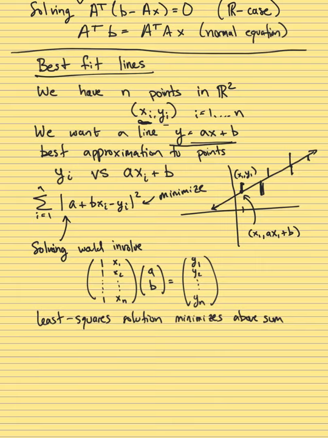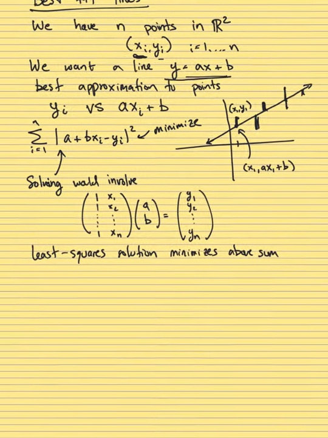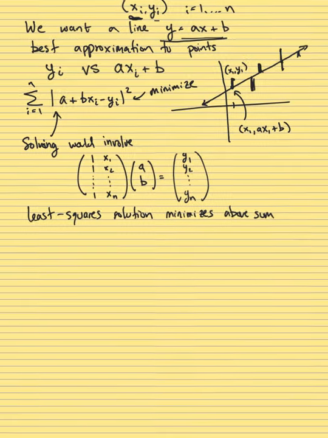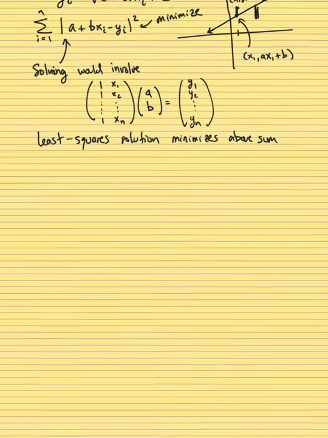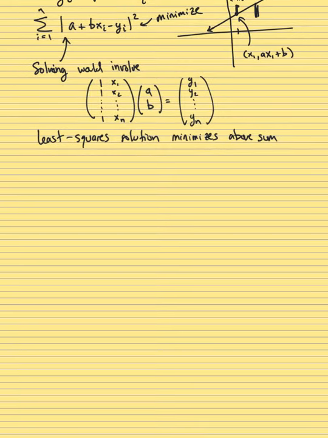So the sum of the squares of this vertical distance is exactly the inner product of the difference of these two vectors in Rn. It's kind of a hassle to write it down, but a computer can do this quite efficiently.